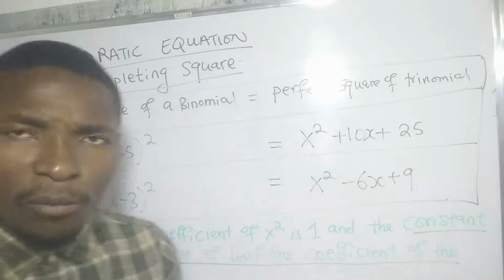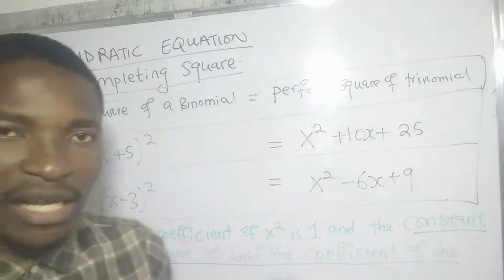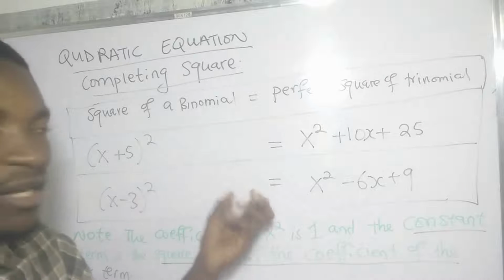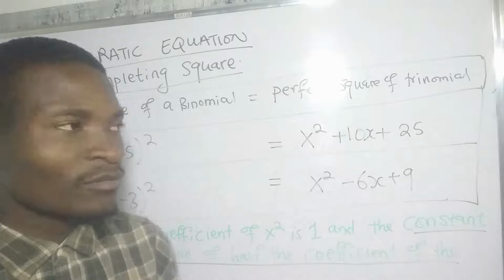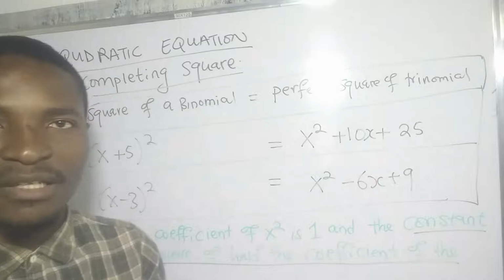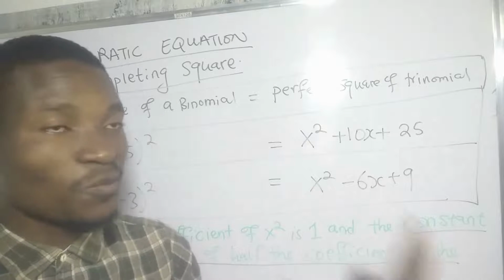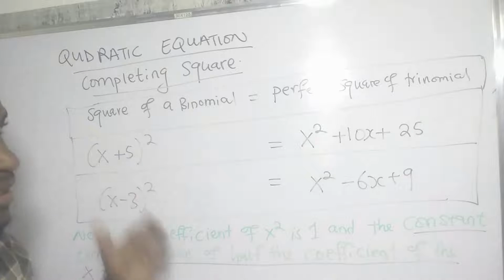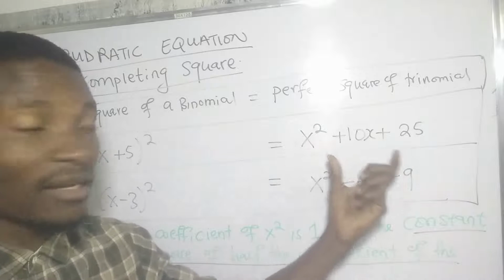Now what is the concept? What do you want to understand? What is happening in terms of squaring the binomial? You get the trinomial. A binomial simply means that you have two terms or expressions. So when you say (x plus 5) times (x plus 5), you get the trinomial.